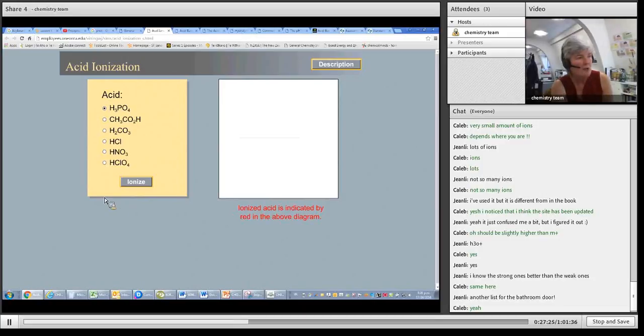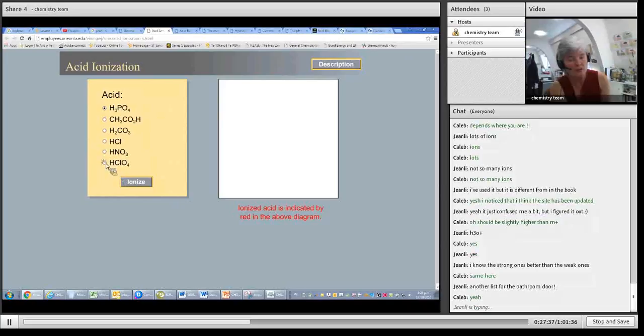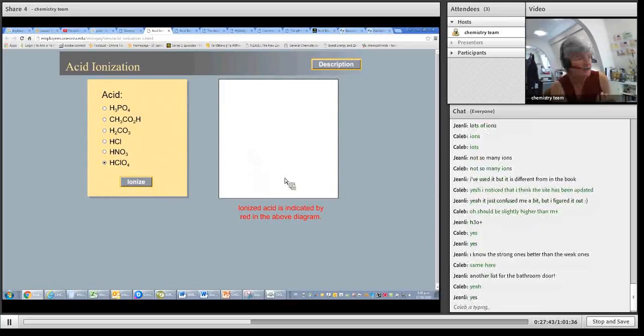But if I was ionizing it, would you expect this to go pretty much totally red? Because the more ionized it is, the more red it goes. Or would you expect it to be only with a few red dots here and there? So, totally red, so more red, and there you go. So pretty much everything has ionized.